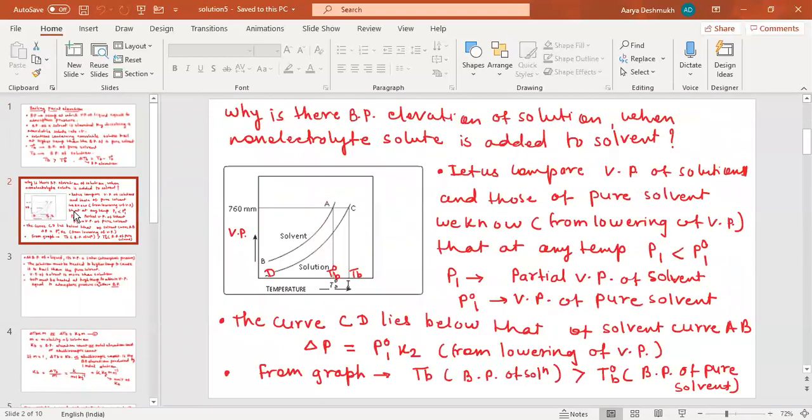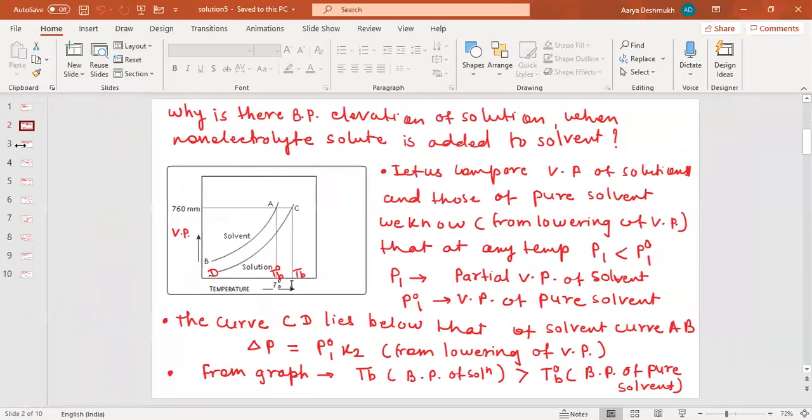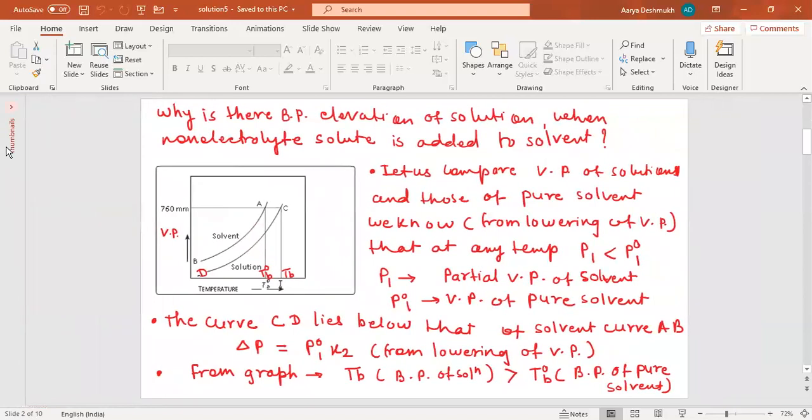So why is there an elevation in the boiling point of the solution when a non-electrolyte solute is added to the solvent? There are some reasons for this to happen. Let us compare the vapor pressure of the solution and that of the pure solvent.